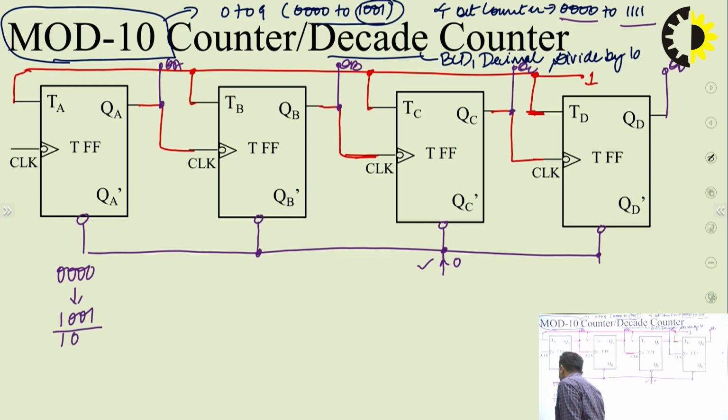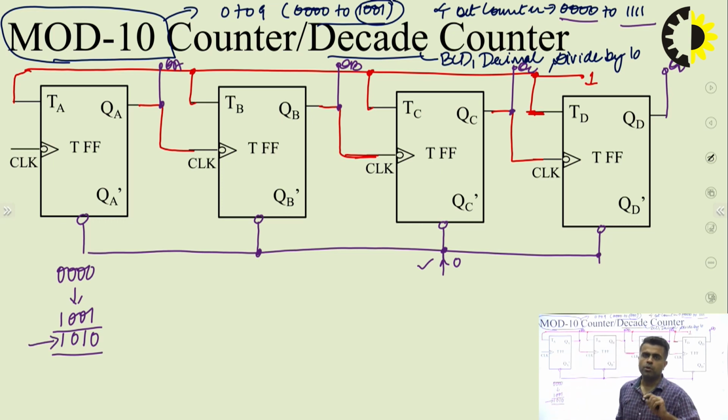Now as soon as this 1, 0, 1, 0 occurs, it is not required by me. This 1, 0, 1, 0 has to change into 0, 0, 0, 0. So I have to prepare some logic so that as soon as 1, 0, 1, 0 occurs, my circuit is able to generate a 0, and that 0 will be used to clear all these 4 flip-flops.